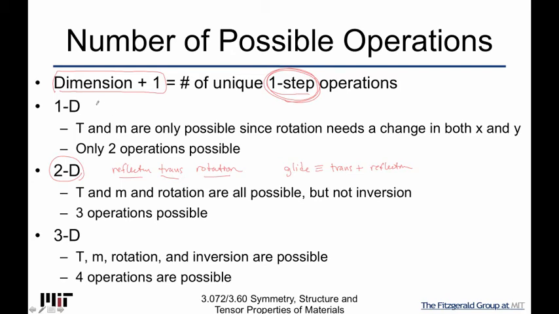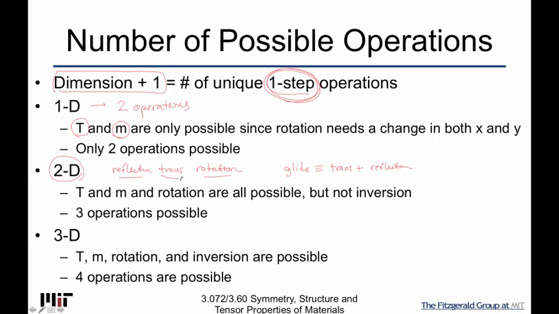So of course that means that if I do that rule here, I must have only 2 unique one-step operations in 1D. And you can tell that those are going to be translation and mirror plane, because rotation needs a change in both x and y. So only 2 operations are possible.